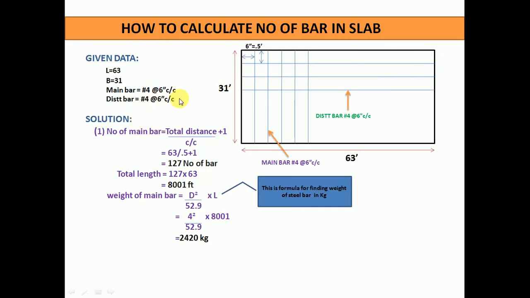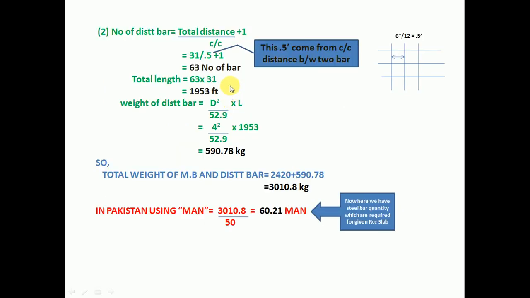So here we have the width of the slab. This 0.5 is the center to center distance between two bars, plus 1.